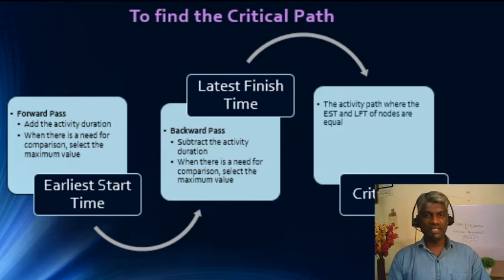And after moving forward and backward, which is the critical path? The activity path where the earliest start time and latest finish time of nodes are equal. So when the earliest start time and latest finish time are equal for a particular node, through that node the critical path is going, right? So we'll discuss that in the next slide.